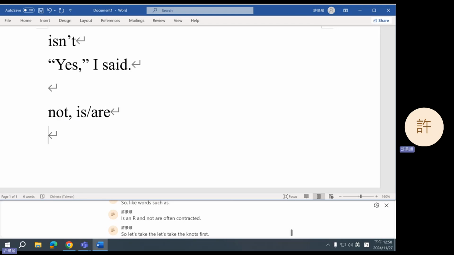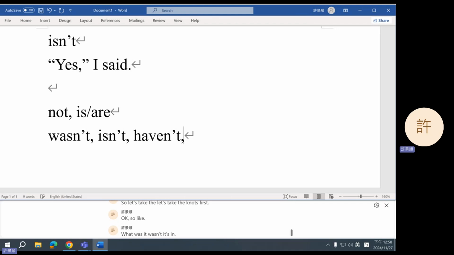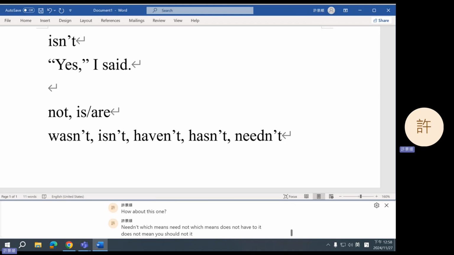Okay, so like wasn't, isn't, haven't, hasn't. How about this one? Needn't, which means need not, which means does not have to. It does not mean you should not. It means you don't have to. Should not can also be contracted.